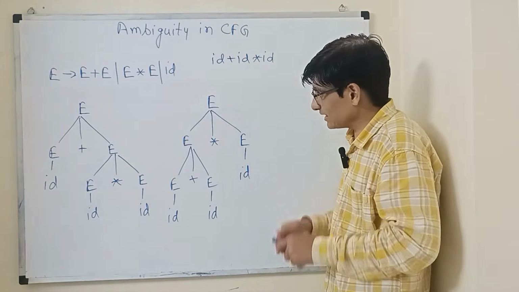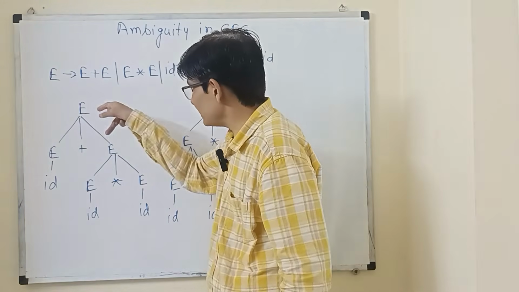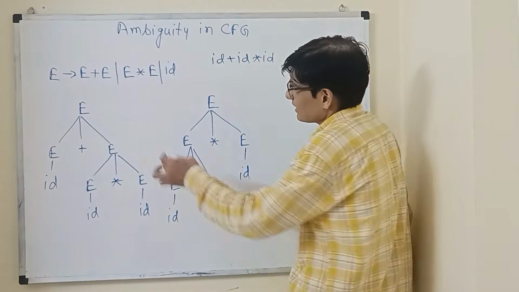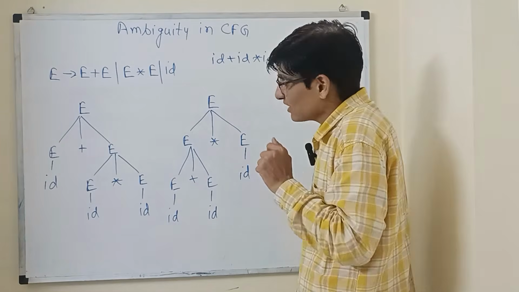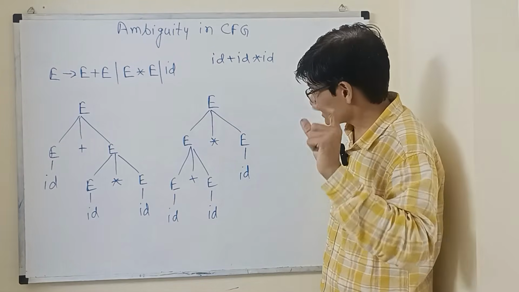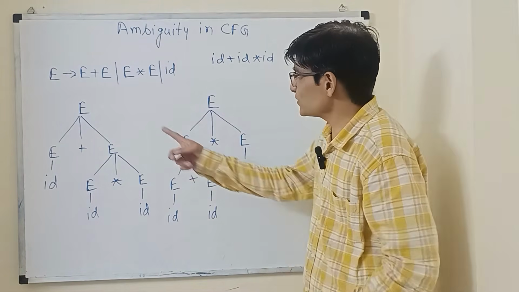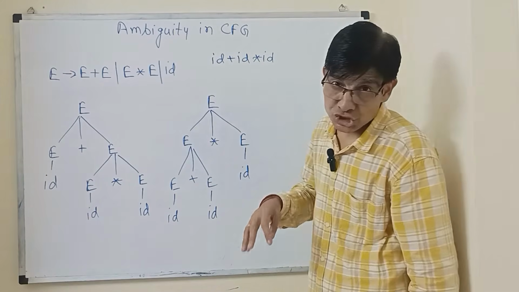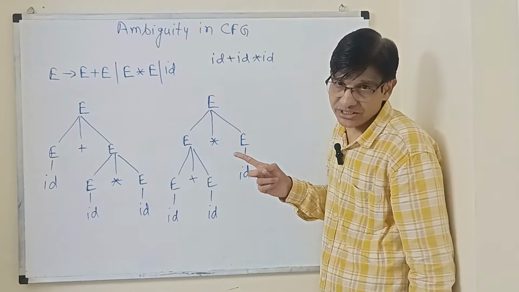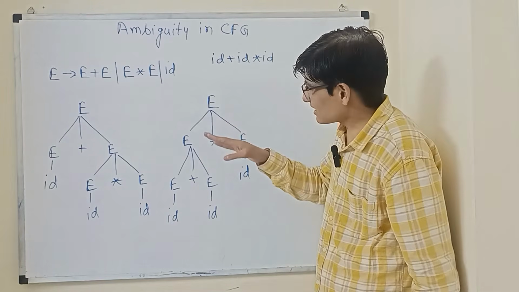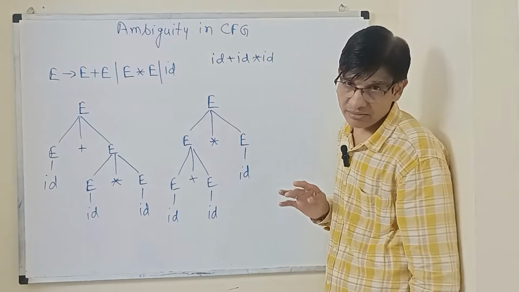When we started from E, we can take this production or we can take this production. Now there is confusion or ambiguity about which production to use first. So if at any point you have such a situation, then such grammar is known as ambiguous grammar.